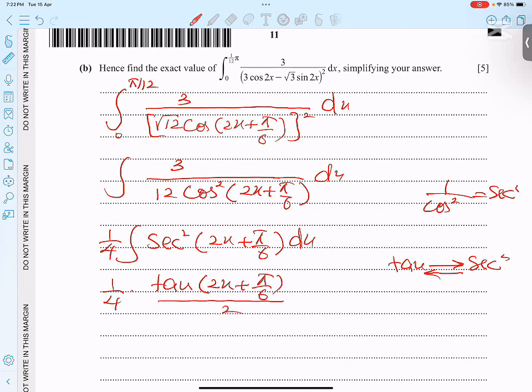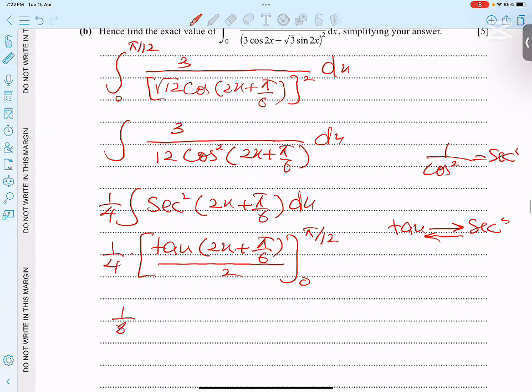That is a 2, the angle's derivative. Now the limit is very clear, 0 to pi by 12. This 2 will multiply with 4, and I get 1 over 8. Now I plug in the upper limit first, this 2 cancels, and I get pi by 6 plus pi by 6. When I plug in the lower limit, I get only pi by 6.